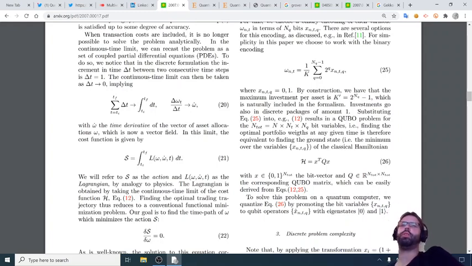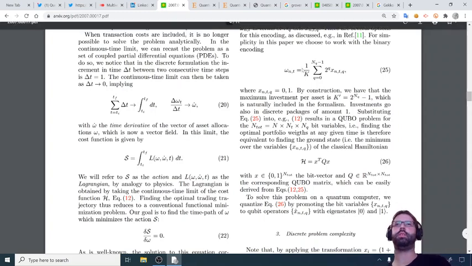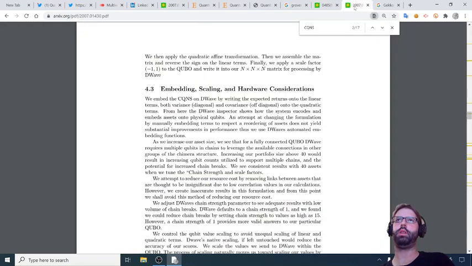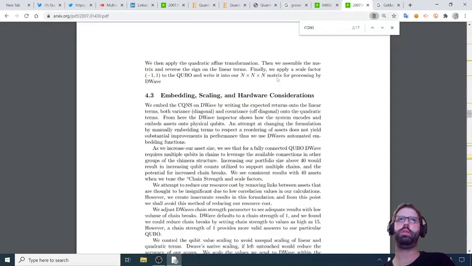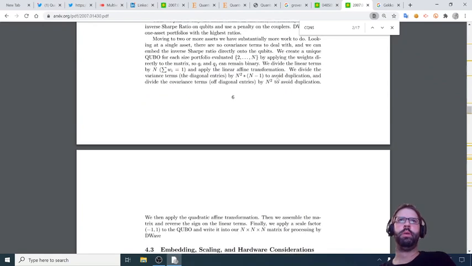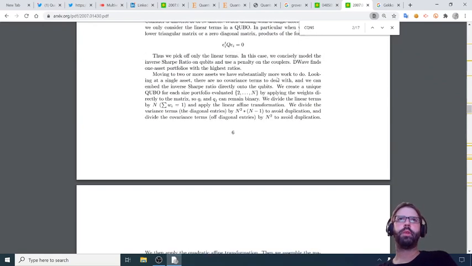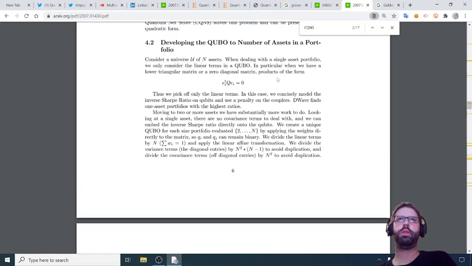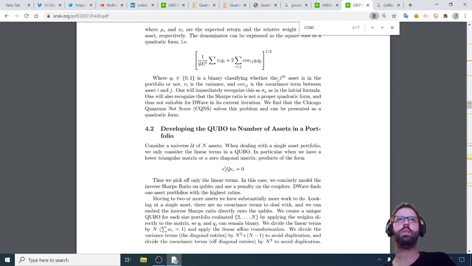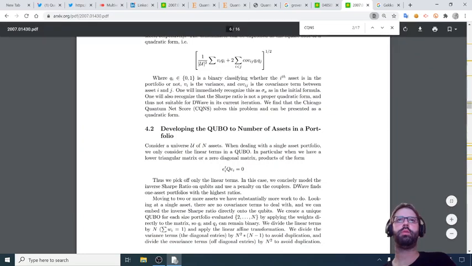You're using the returns as the linear terms, but in the paper, what do they use as the linear terms? The variance? This variance here? I don't know, it's not clear.